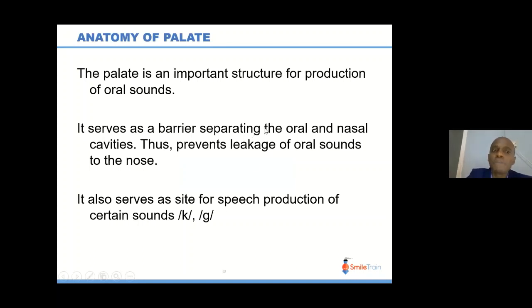So, the anatomy of the palate. The palate is an important structure for production of oral sounds. It serves as a barrier separating the oral and nasal cavity, and thus it prevents leakage of sounds to the nose. It also serves as a site for speech production of certain sounds like ka and ga, which are produced at the velum.